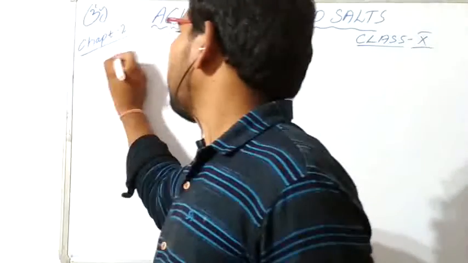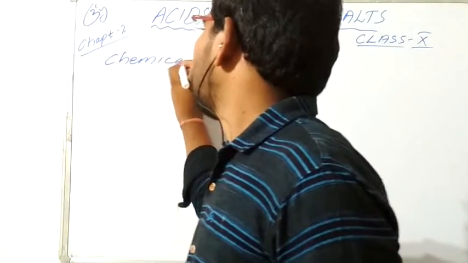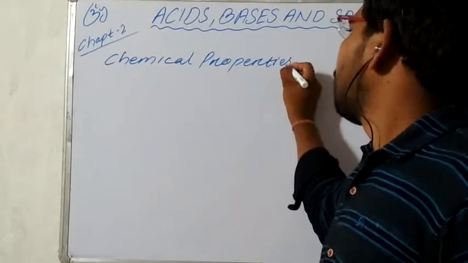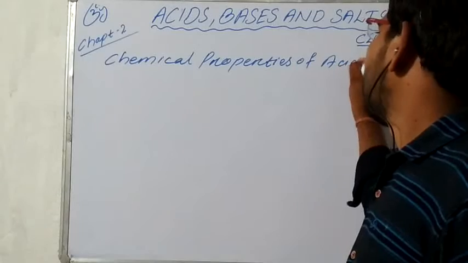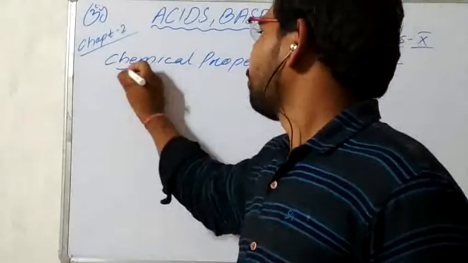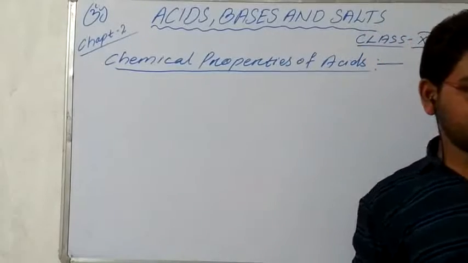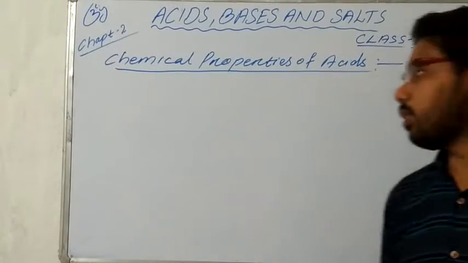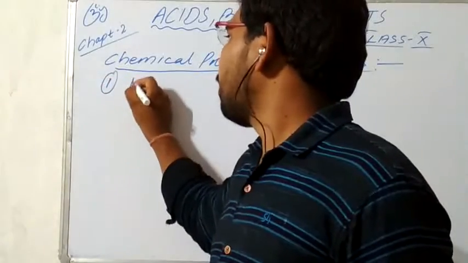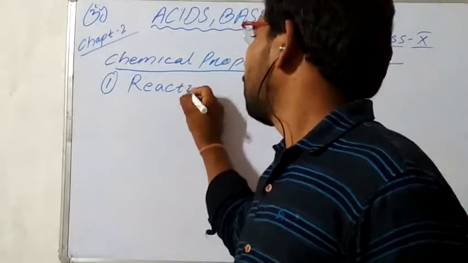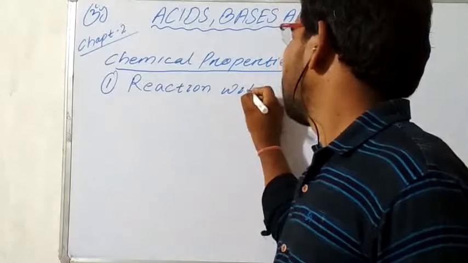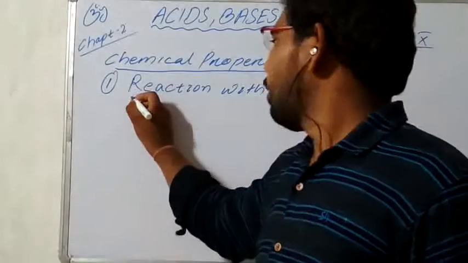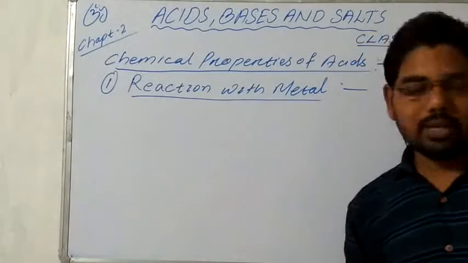First, the chemical properties of acids. The first chemical property is reaction with metal. Metals like iron, zinc and copper are some reactive metals.